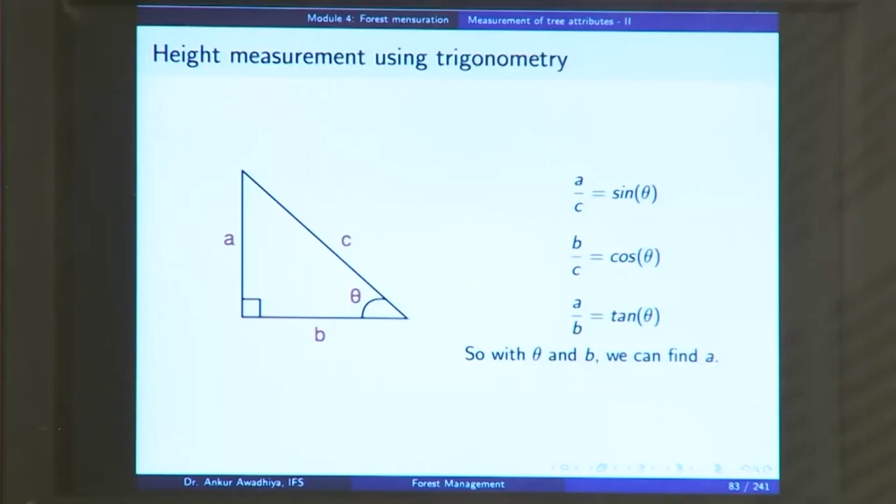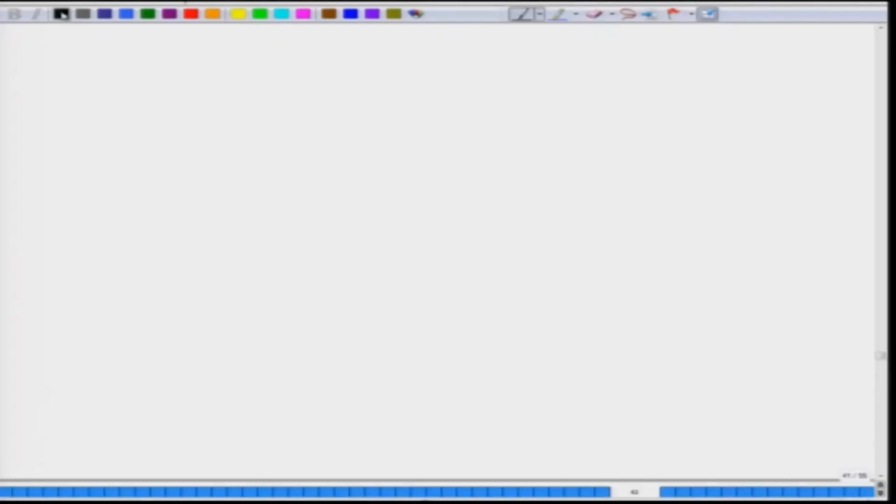Now, another way in which we can measure the height of a tree is by using trigonometric relations. Now, trigonometry, as the word tells, tri is 3, gon is the length, and metry is to measure. So, in this case we are measuring the 3 sides of a triangle. So, the relation goes like this.